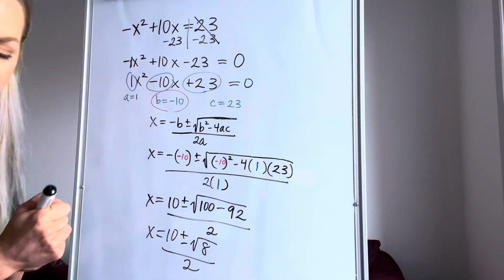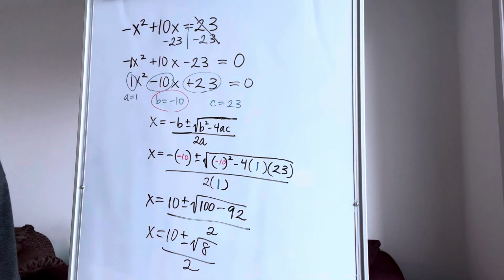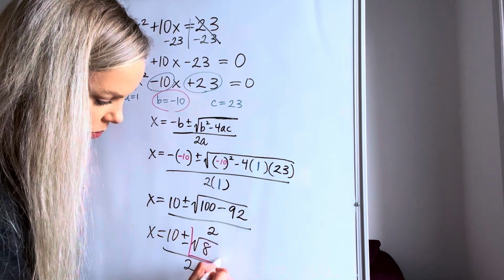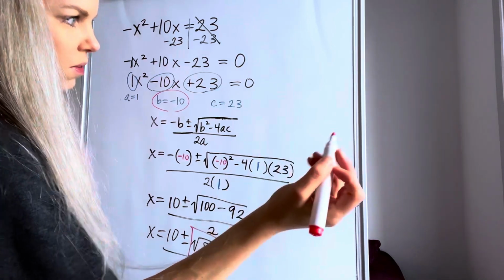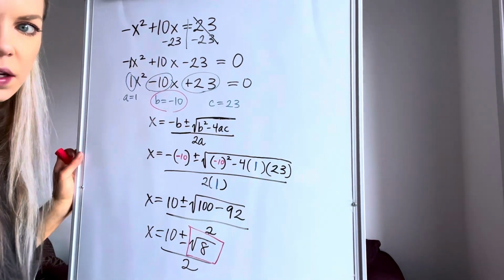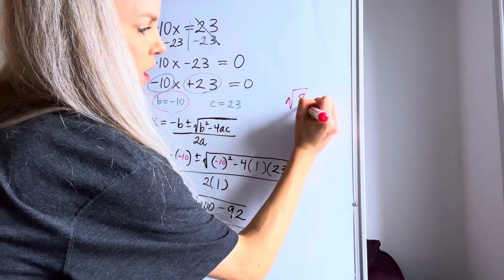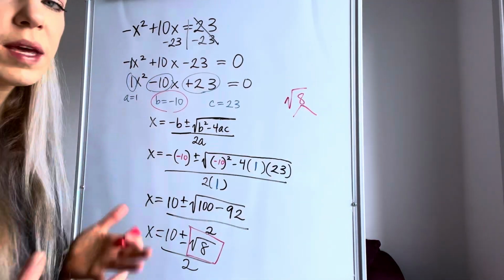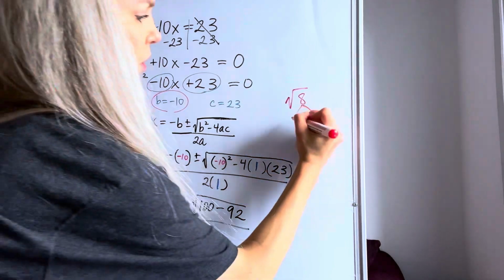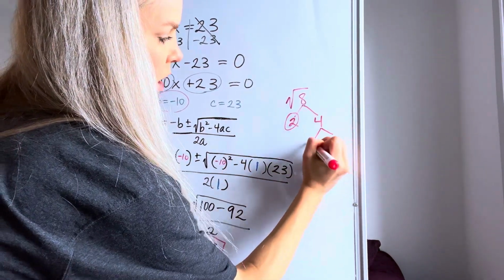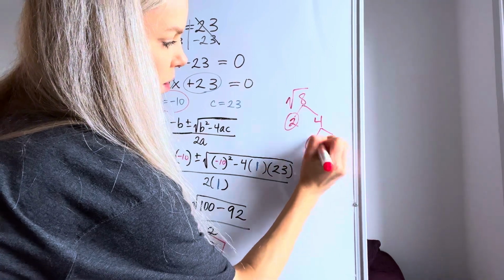And so now if you have a number under the radical, you want to try to simplify this radical as much as possible. Simplifying radicals is a skill all in its own. So I'm going to come over here and simplify that. I simplify radicals by making a factor tree. I can break that up into 2 times 4, 2 is prime, and then 2 times 2 would give me the 4.